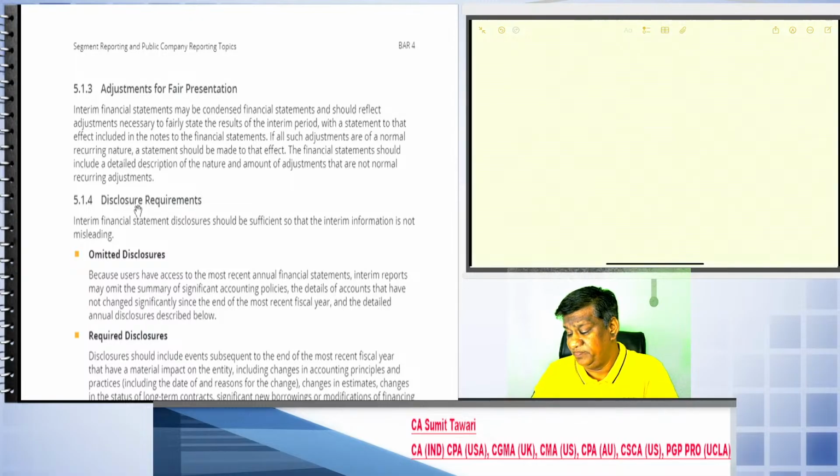Okay, see what happened. Say for depreciation entries that we pass at year end only. Assume. Okay, but in the interim financial report, even if we have not passed the depreciation entry, we need to give the effect in the financials.